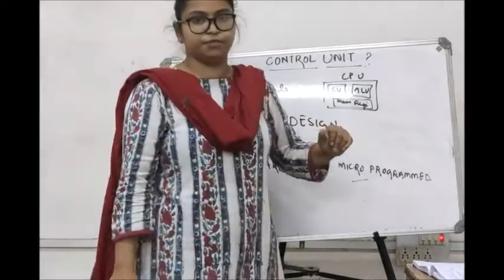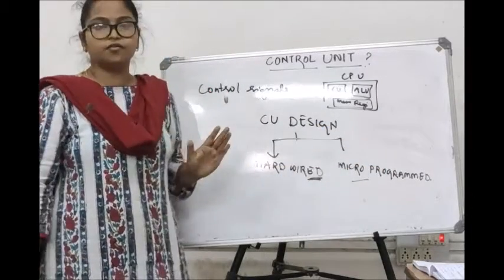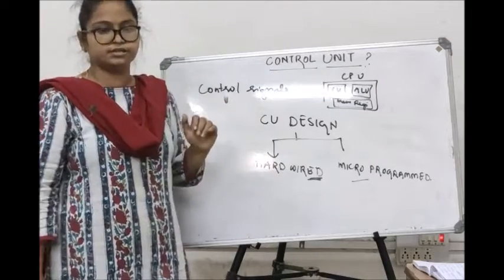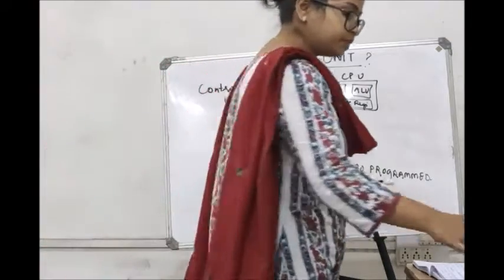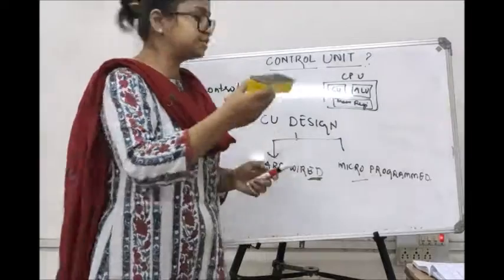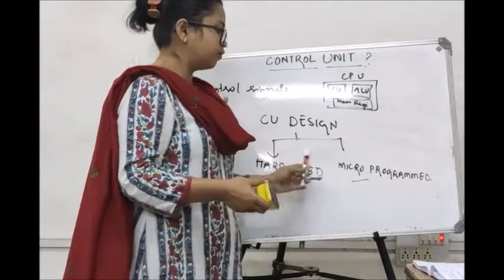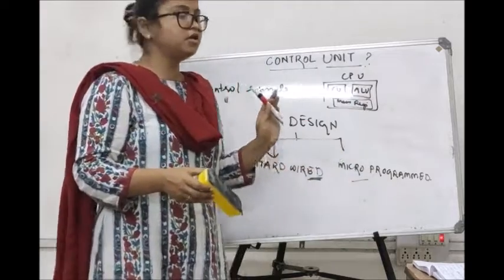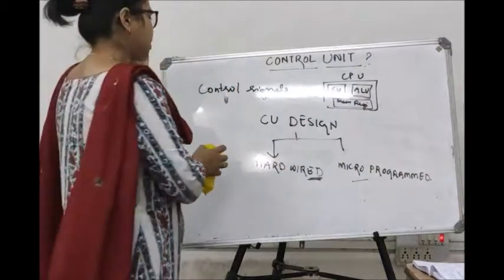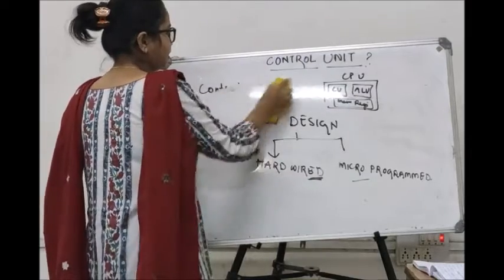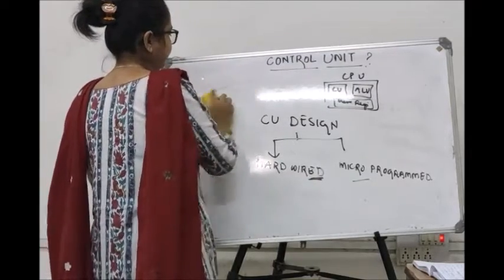It is more flexible than the hardwired control unit design. Now we will see the actual design structure of the control unit in both cases, hardwired and microprogrammed, separately. Let's begin with the hardwired control unit design.